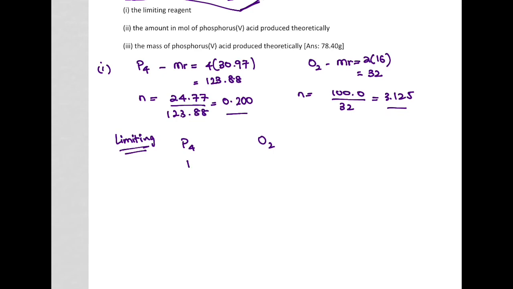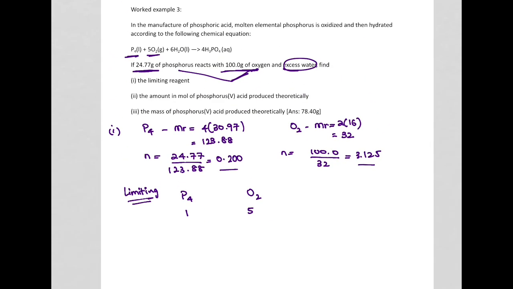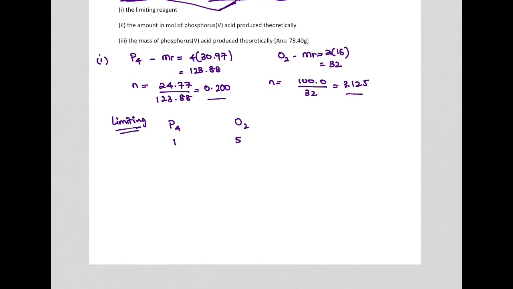Mole ratio 1:5 from the chemical equation here, and then I'm going to write the number of moles of each one, and divide by the mole ratio. The one that is smallest is going to be the limiting reagent. So here this is smallest, therefore phosphorus is limiting.